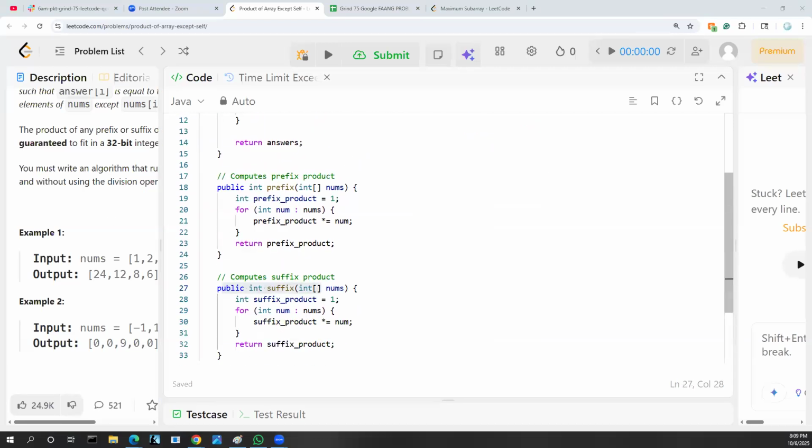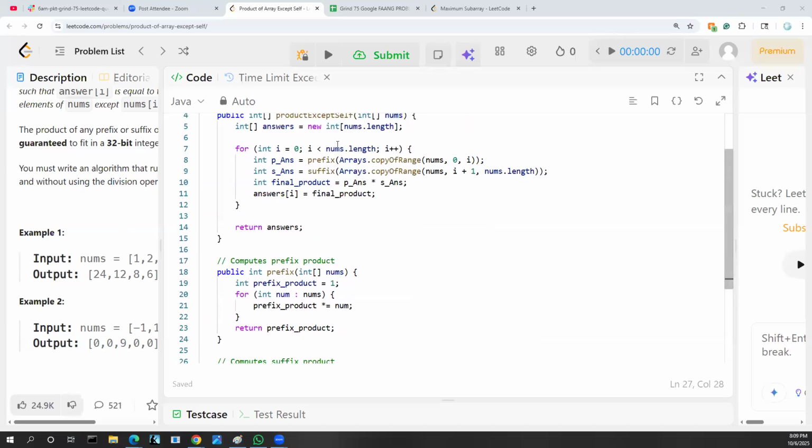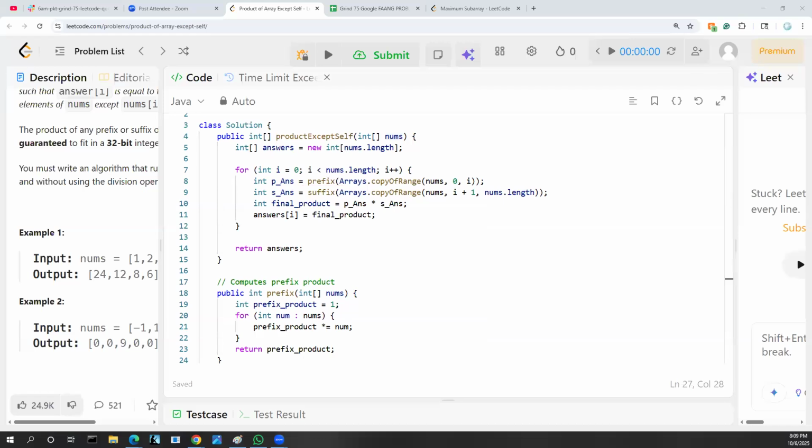How am I making use of these two functions? I am taking subarrays of my nums array.